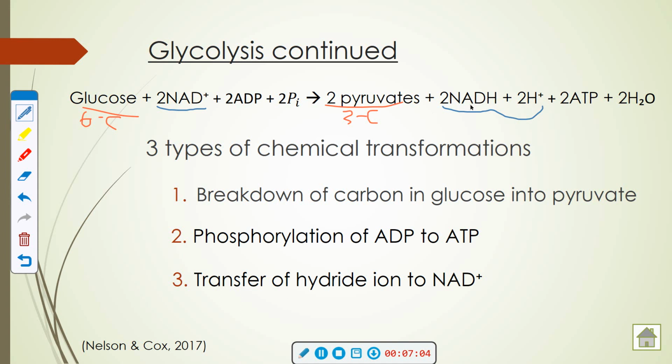Now, with those 2 hydrogens and with the electrons, it balances out from being a positive ion to a neutral molecule. So again, this is the transfer of a hydrogen ion to the NAD. So this is technically number 3 right here.